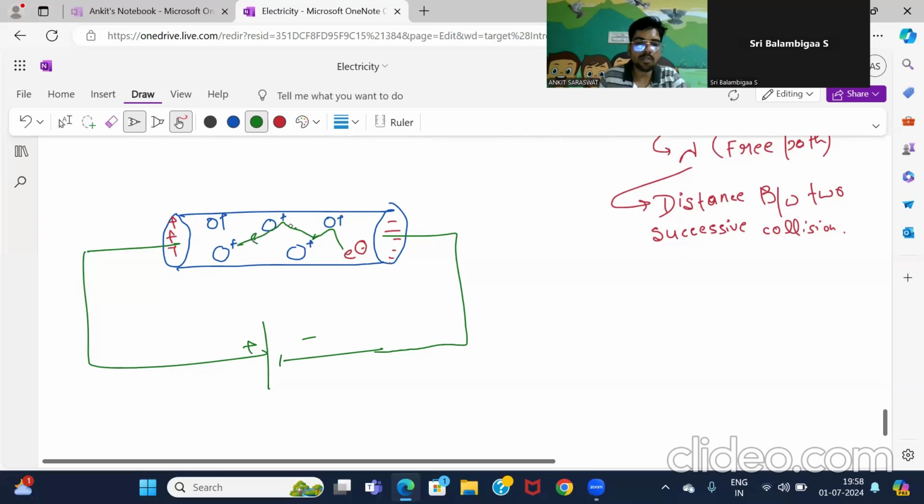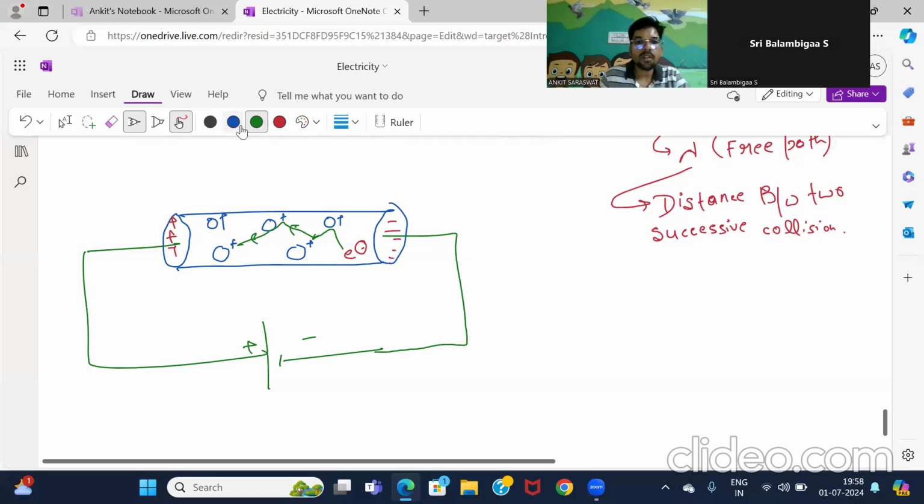This is the direction of motion of the electron. Here, it is not going straight. Because of this, the cell will provide one electric field. Because of that electric field, there is electric force on the charge, in the left direction. Clear?